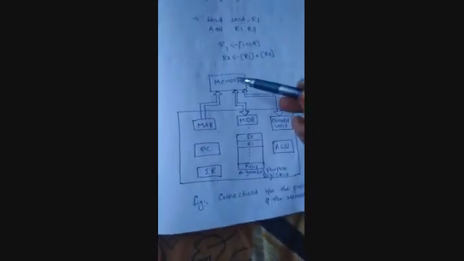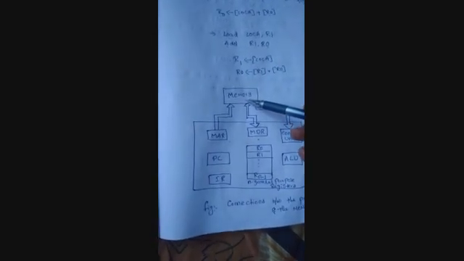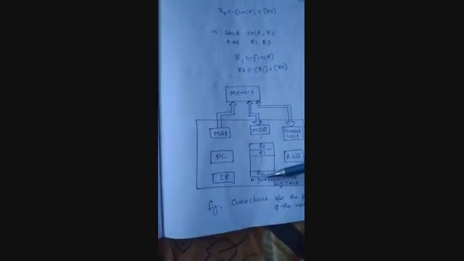So here addressed location means the location is either from the memory or from the general purpose registers. Okay.